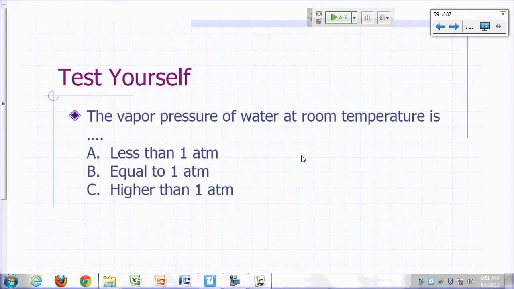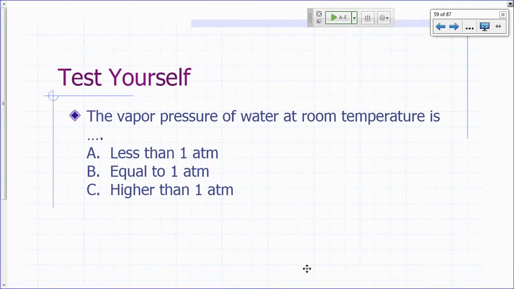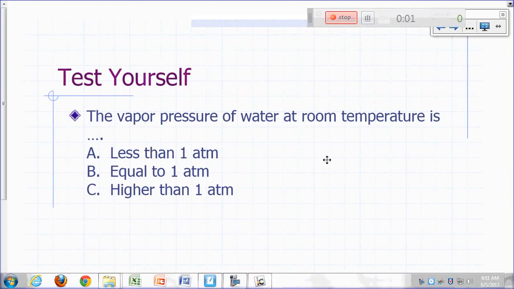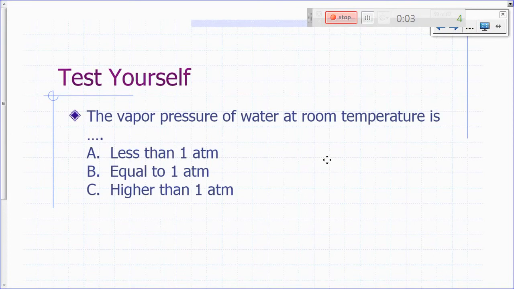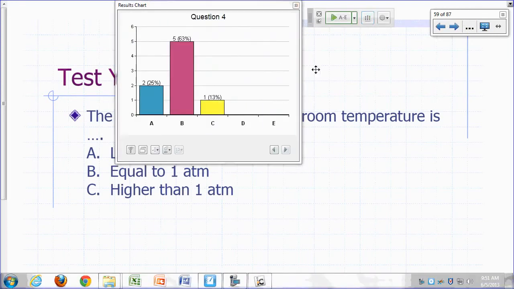The vapor pressure of water at room temperature is A, less than 1 atmosphere, B, equal to 1 atmosphere, or C, higher than 1 atmosphere. Let's see how we did.